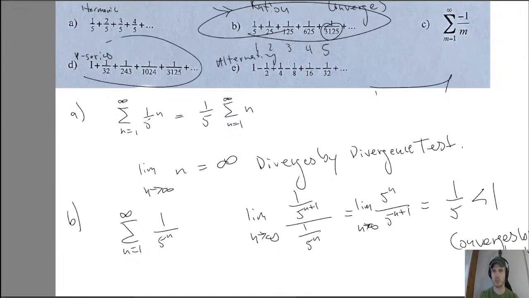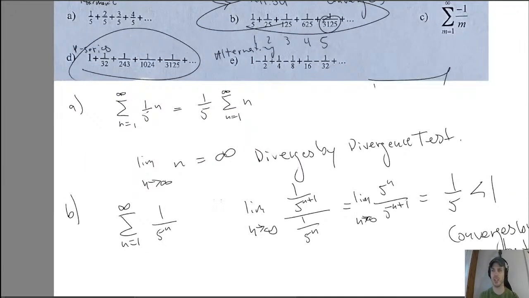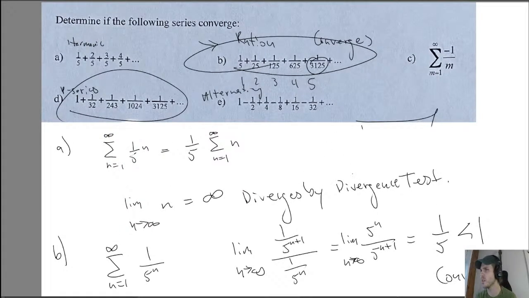Then this is a power series for sure. So this is D. Oh, we skipped C. We didn't even look at C. C is alternating? Or ratio?